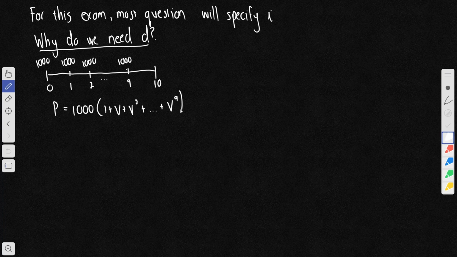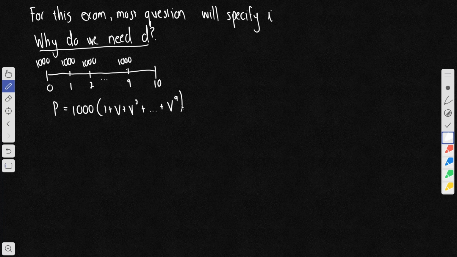Although it's pretty simple to write out this equation, punching this into your calculator is a whole other matter. Firstly, it's time consuming, and secondly, it's also error prone, so the likelihood of you making a mistake is very high. So in the upcoming videos, we will hone in on formulas that we can use to help calculate the total present value when we are dealing with large numbers of cash flows.